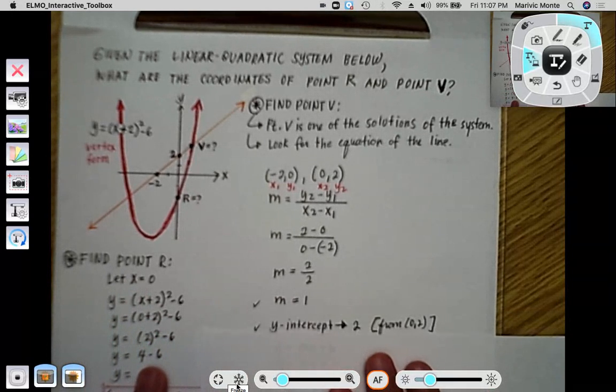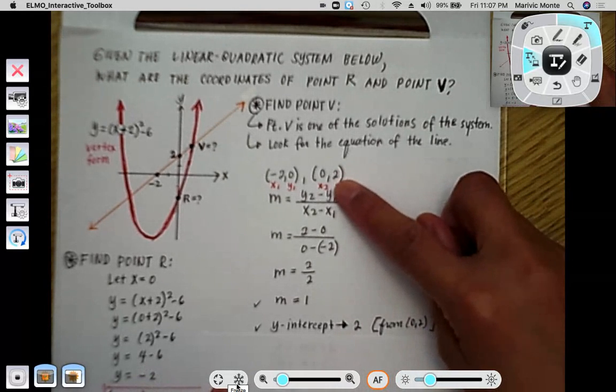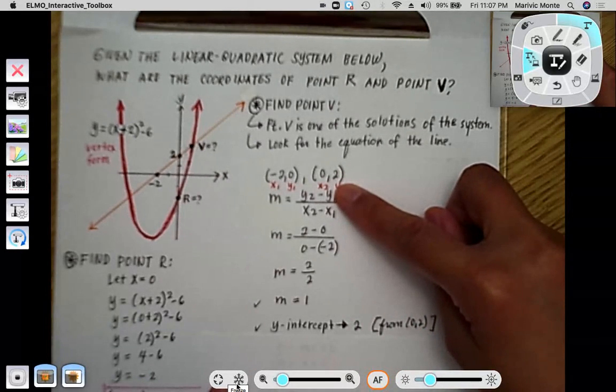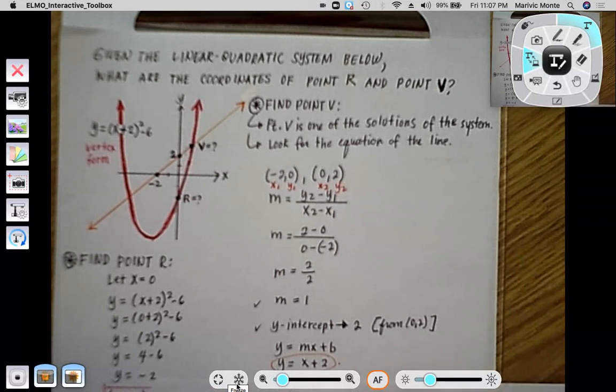And then we looked for the y-intercept. We recognized that one of the coordinates actually already has the intercept, and we identified it as 2. So our y-intercept is 2.